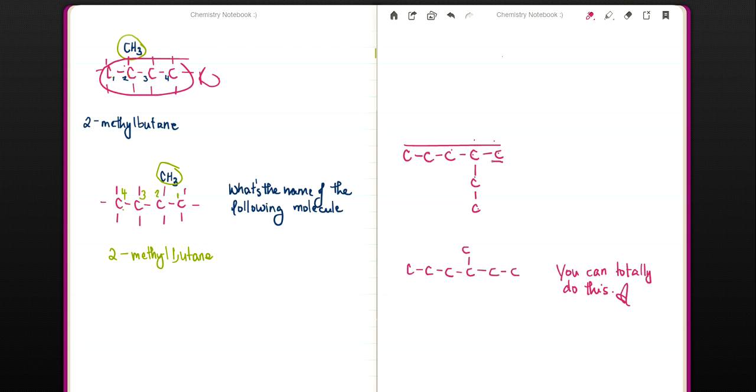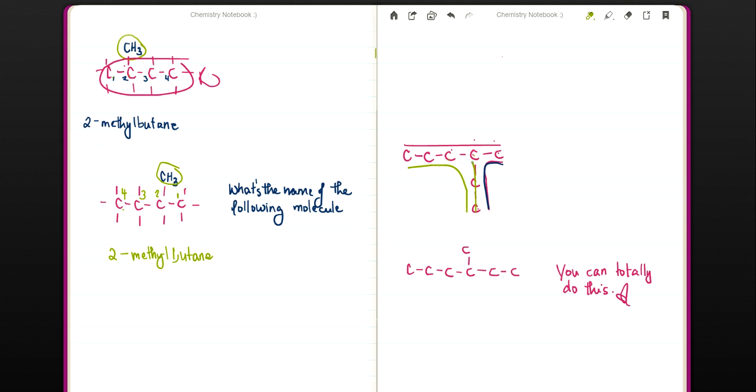That's another chain, right? Let me do this in a different color. So this is another chain going this way, and then we could have another chain which we didn't even realize that we have: 1, 2, 3, 4, 5, 6, right? So I would think that the green line is the longest line.